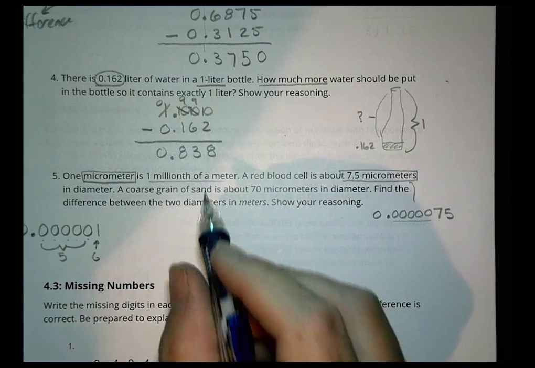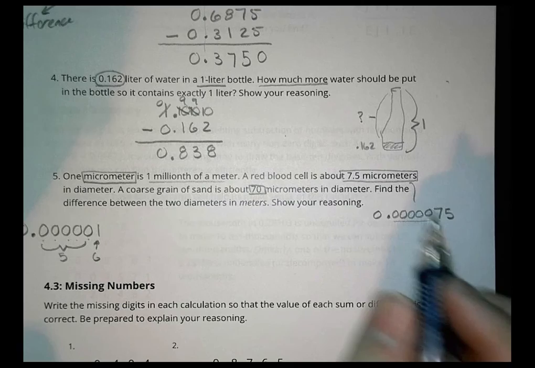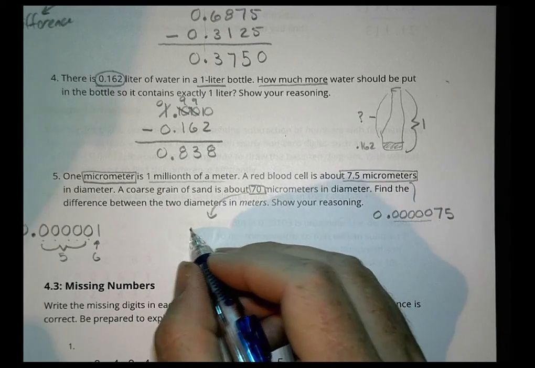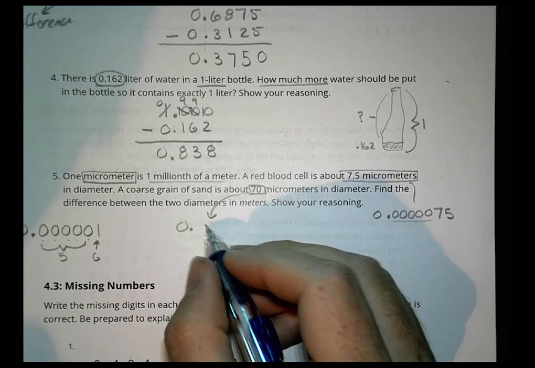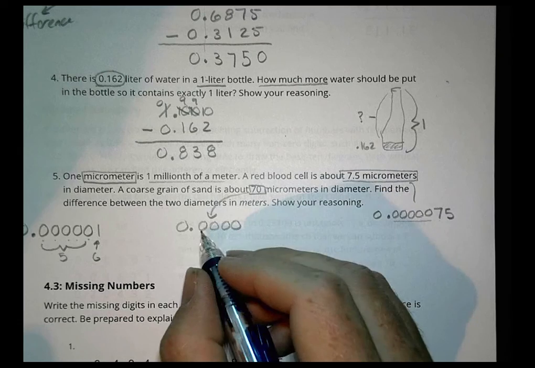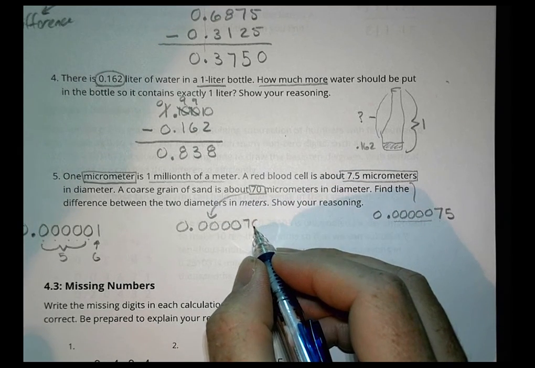A coarse grain of sand is about 70 micrometers. Well, 70 is going to be written a little differently, okay? I'm going to write 0, 1, 2, 3, and 4. I'm only going to have 4 zeros this time, because I need to put 70 right there.